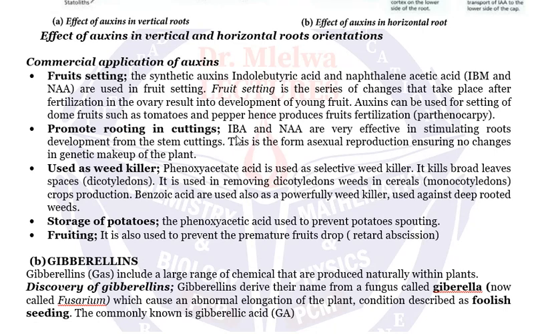Indole butyric acid and naphthalene acetic acid (NAA) are very effective in stimulating root development from stem cuttings. This is a form of asexual reproduction, ensuring no changes in the genetic makeup of the plant.